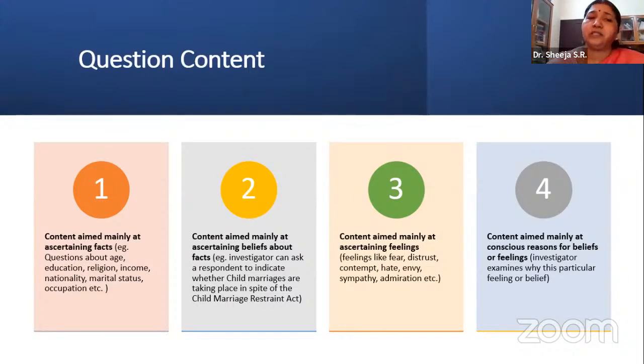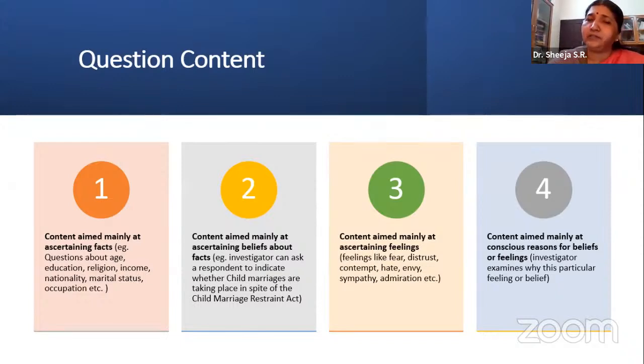Then the investigator can ask the respondent to ascertain his belief about the fact, whether child marriages are taking place, in spite of the government's laws against child marriages. So here the question mainly aims at ascertaining the respondents' beliefs about facts. So that kind of question will be there.